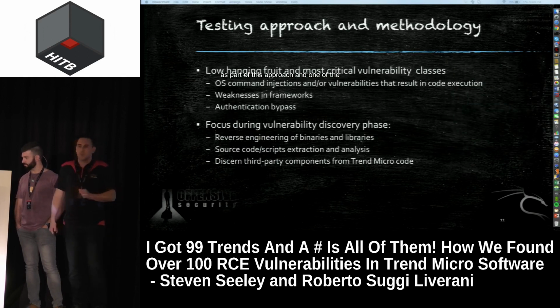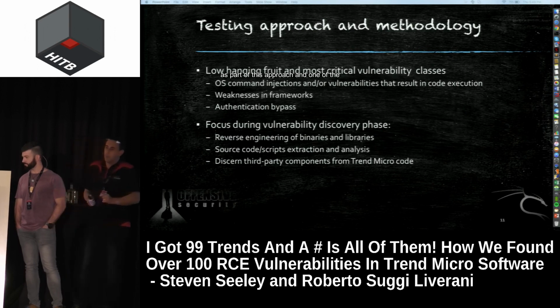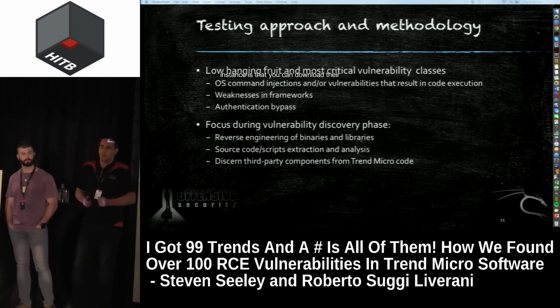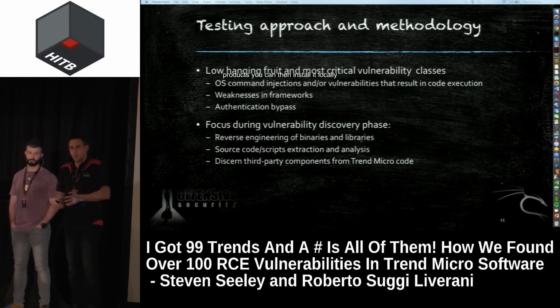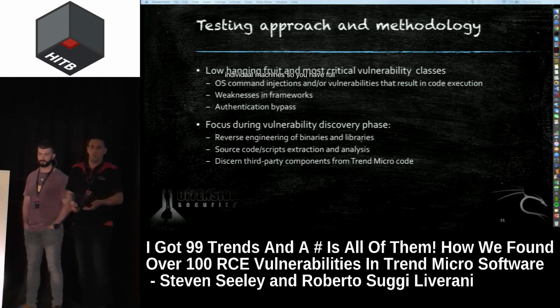One of the things we also did, as part of this approach, and one of the advantages of testing Trend Micro, for instance, is that you can download their products. They're all available from their website. Once you download the products, you can install them locally on your machine, or in virtual machines.